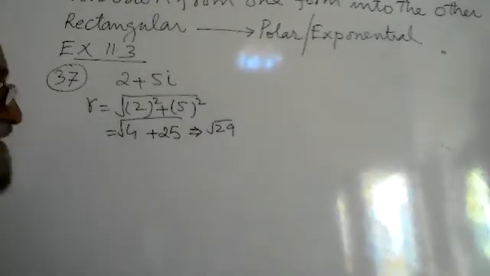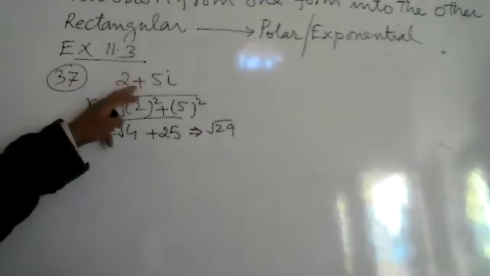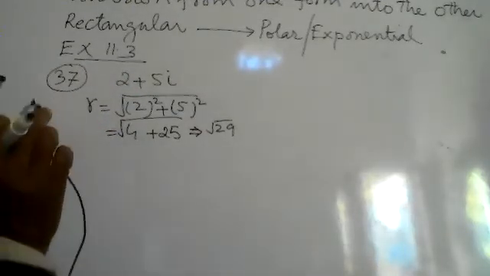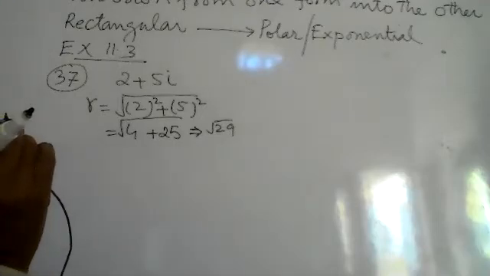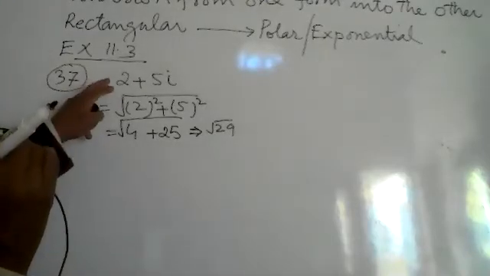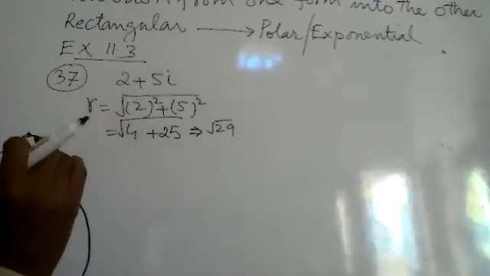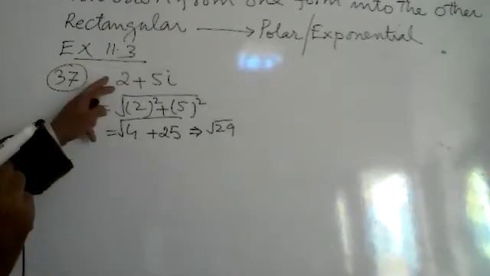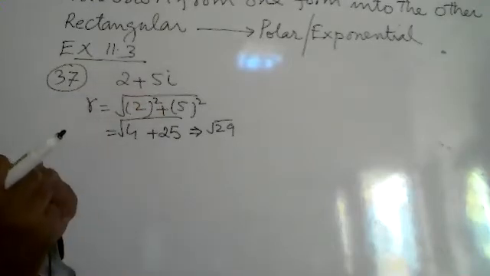Now we will find theta. Both are positive. For theta, we must know in which quadrant the complex number lies. Both are positive, so it is in the first quadrant.